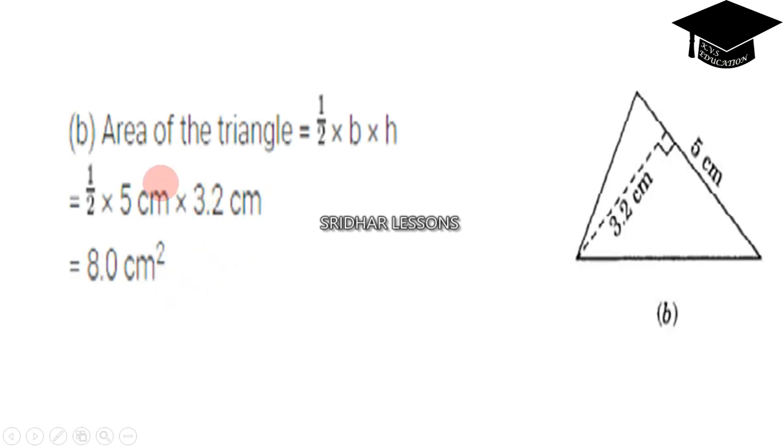Next, for triangle B, the formula is half BH, 1 by 2 into B into H. So 1 by 2 into base, if you observe, 5 centimeters, into H equals 3.2 centimeters. See, here it was typed correctly. 5 centimeters into 3.2 centimeters, which equals 8.0 centimeters square.